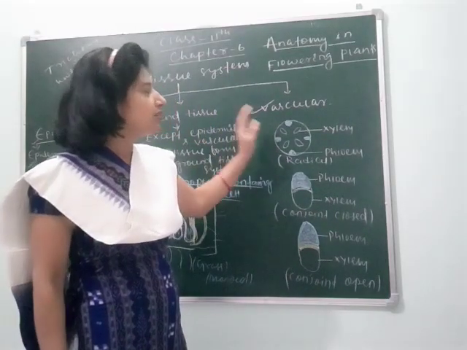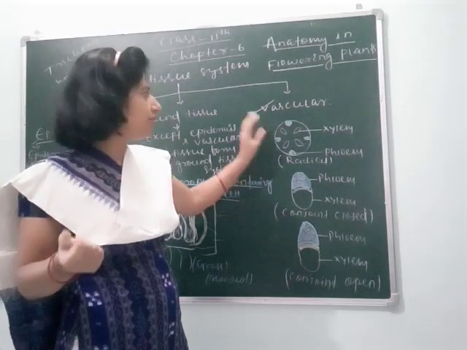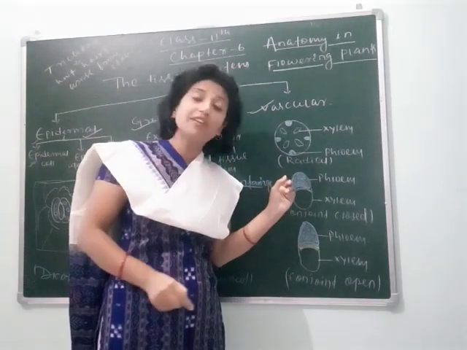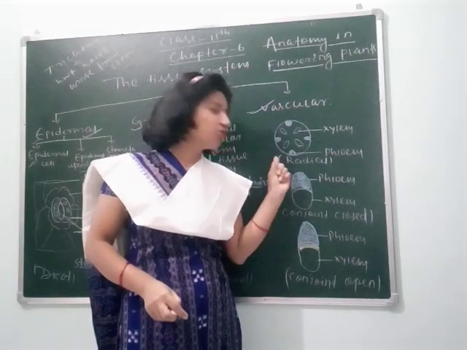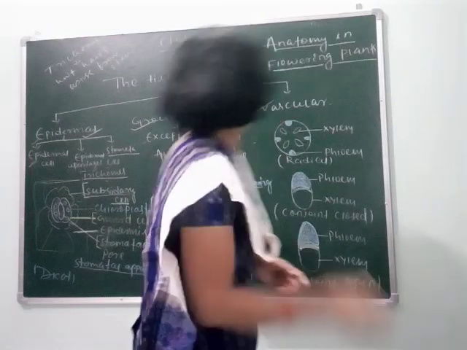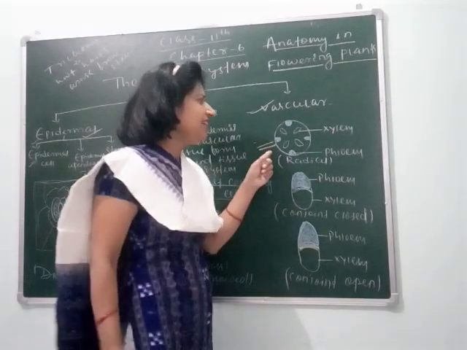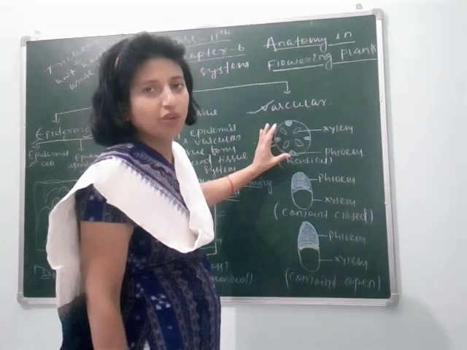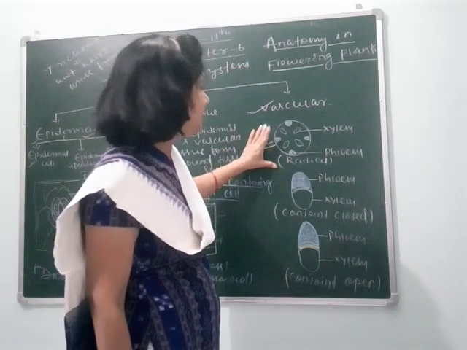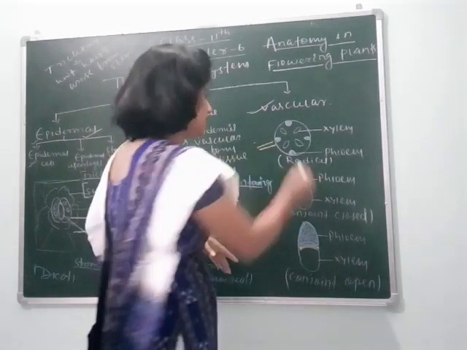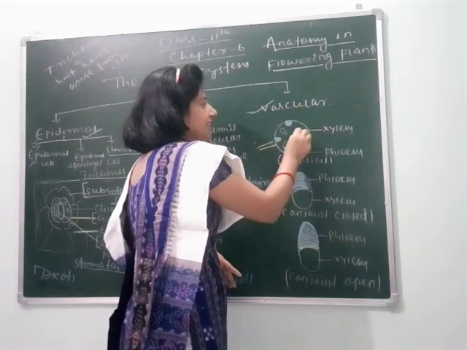If we see a sectional view, we can see different types of arrangement of the vascular tissues, xylem and phloem. You can see the first diagram. In this, xylem and phloem are radially arranged. This is the radial type of arrangement of vascular tissues, here is phloem and here is xylem.